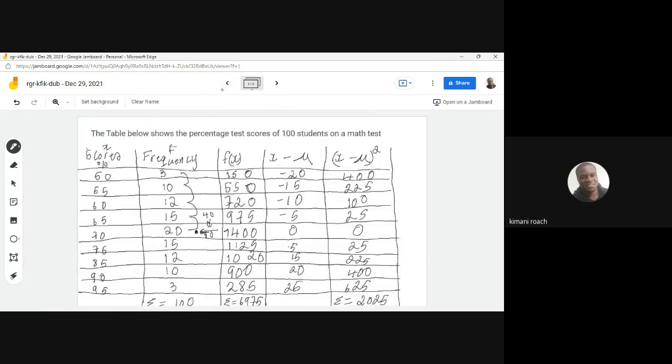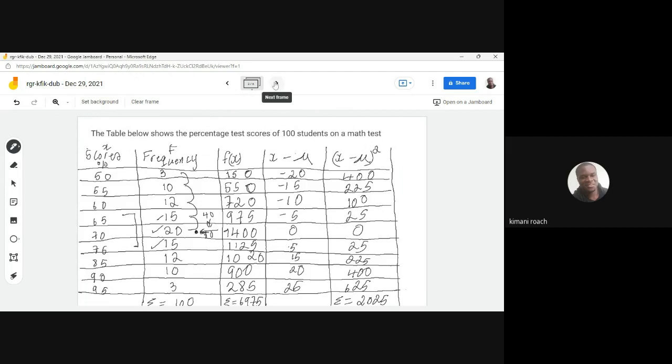Let's go back to our table. 65.5 would fall right here, to 74.5 would fall somewhere here. Notice 15 plus 20 plus 15. This is where the majority of my data set is going to be.